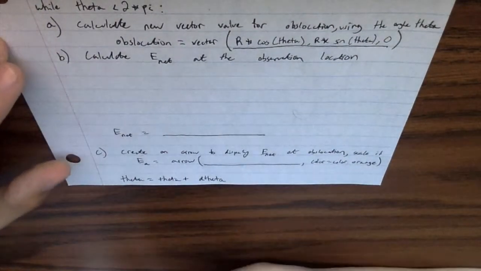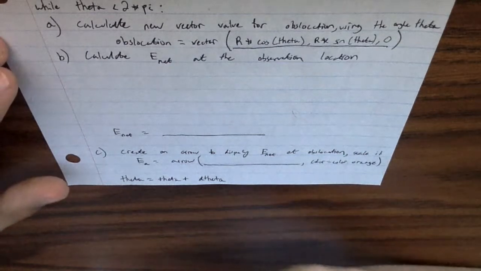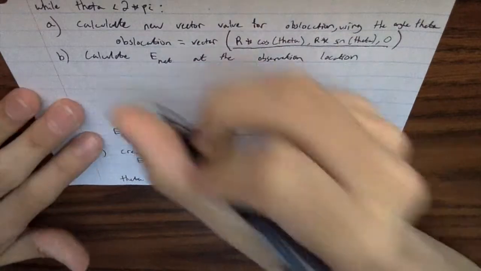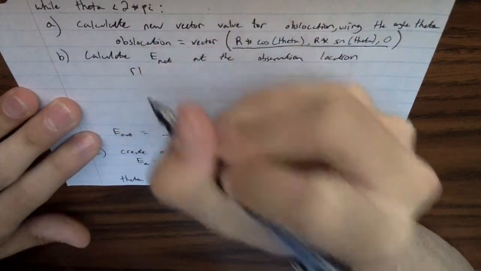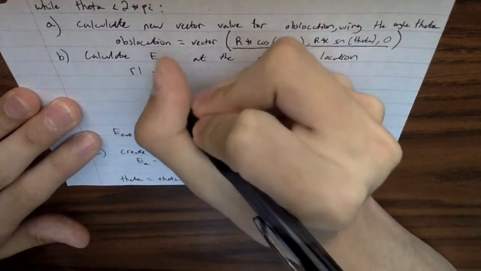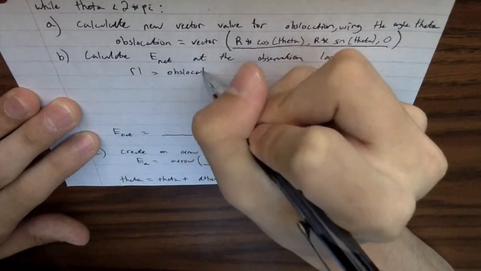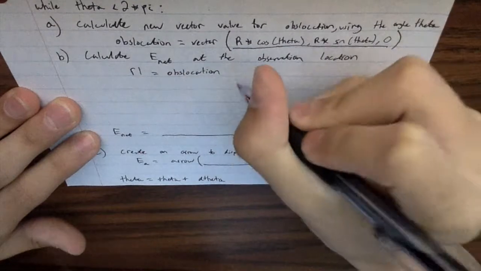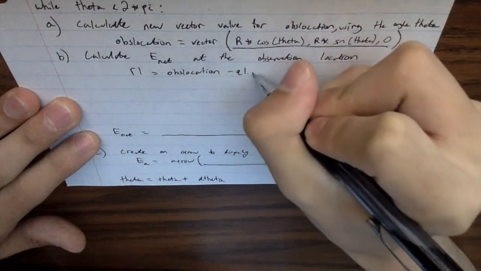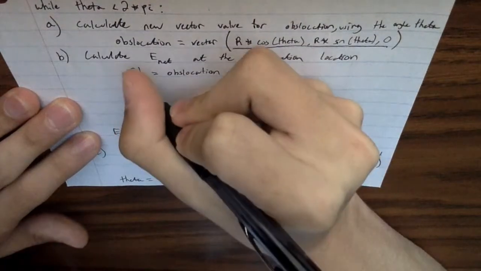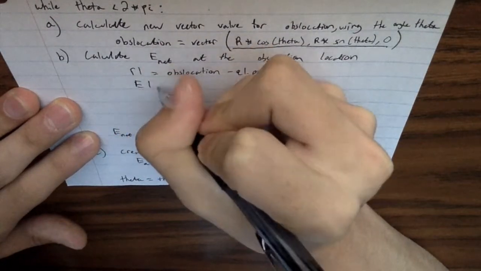Next, it wants us to calculate the net electric field at the observation location. In order to do this, we need to define the radius 1, which equals obs location minus q1 dot position. This gives us the position of q1. And then we can calculate the electric field due to that.